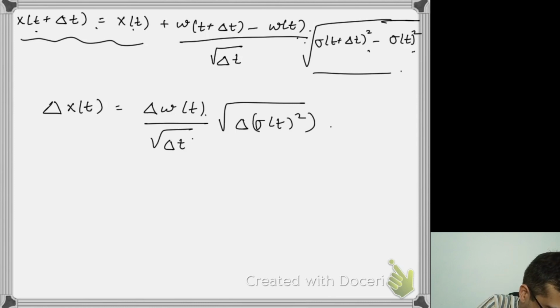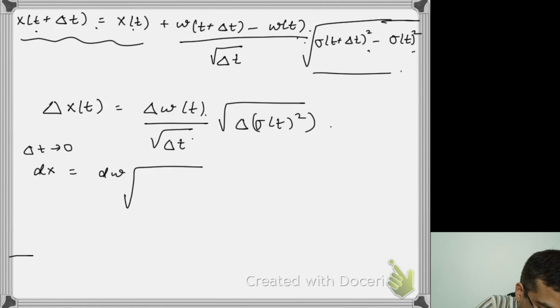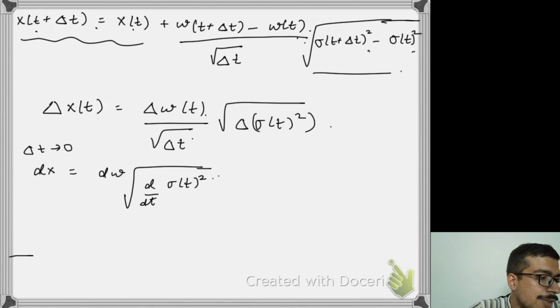So as delta t approaches 0, what we have is dx equals dw times the square root of d by dt of sigma t square. This is now essentially a differential equation with dw terms, where dw represents the Wiener process.